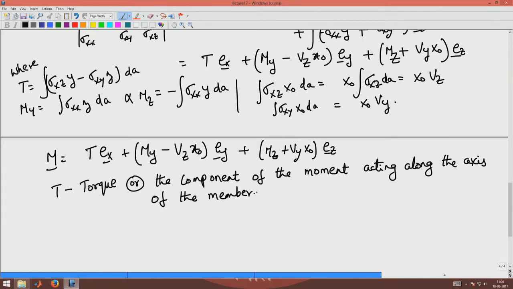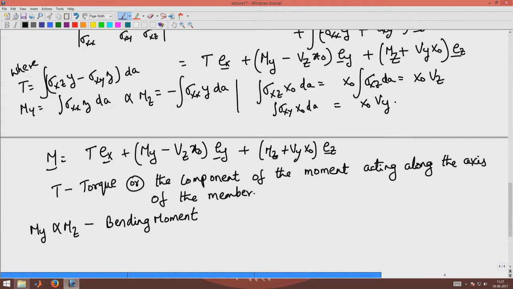We will come to this after we finish the bending moment expressions. The other two, My and Mz, are called bending moments. Okay, the component of the moment that is not along the axis of the member is called bending moment.